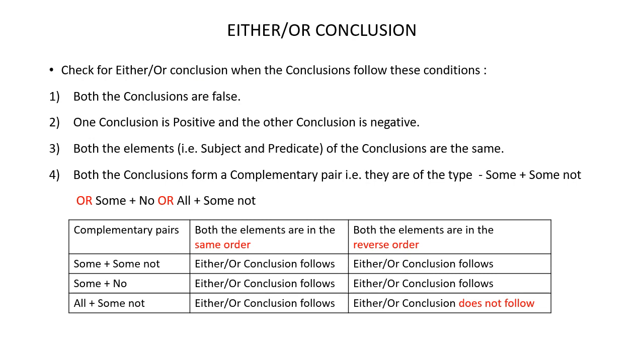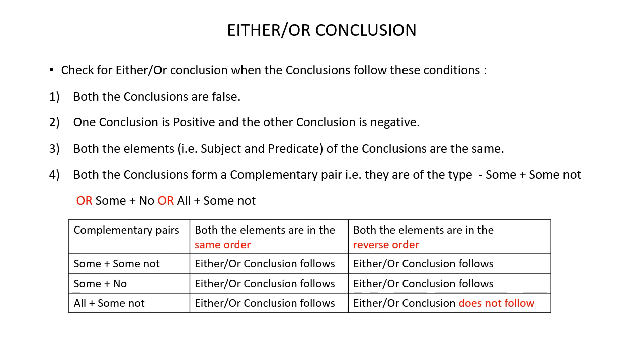Now, one thing you should remember is to check whether the subject and predicate of the conclusions are in the same order, or whether the subject and predicate of the conclusions are in the reverse order. Subject and predicate are in the same order when the subject and predicate of the first conclusion is the same as the subject and predicate of the second conclusion.